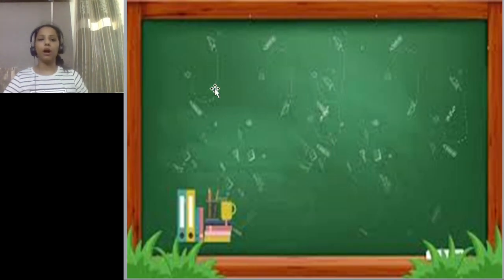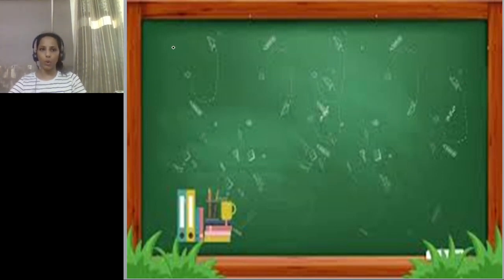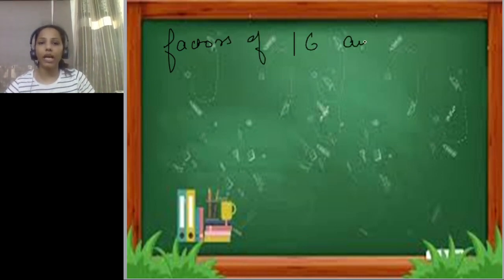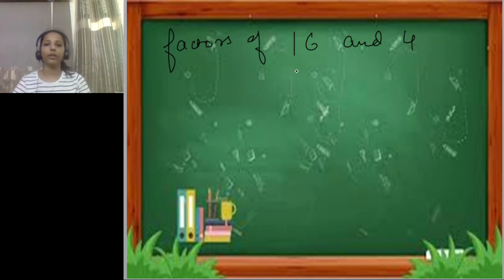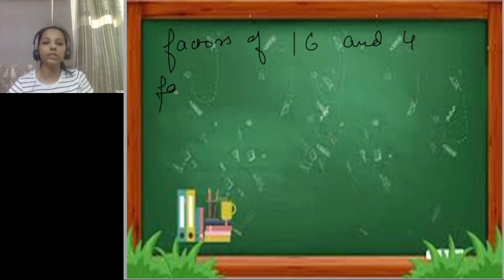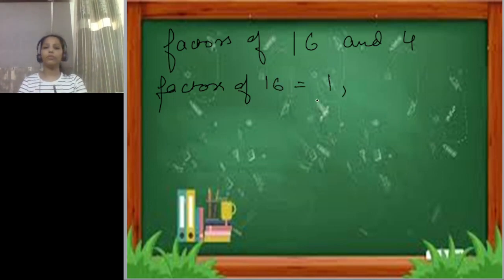Okay. Now let me take one more example. Say we have to find the common factors of 16 and, say, 4. How will we find the factors of 16? 16 is a big number, right? We know that 1 is always a factor of every number.